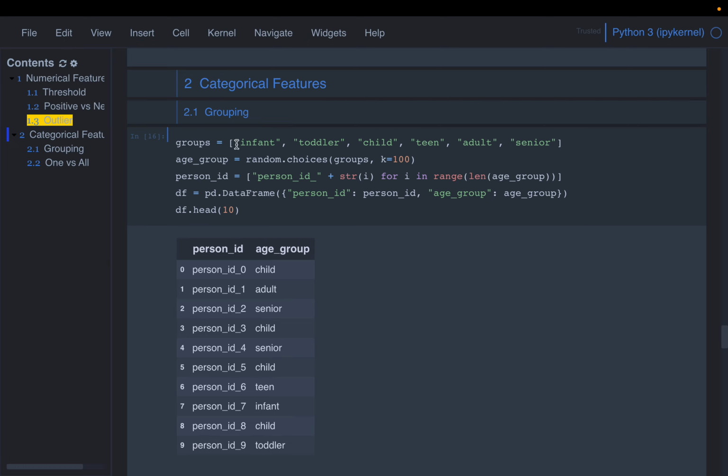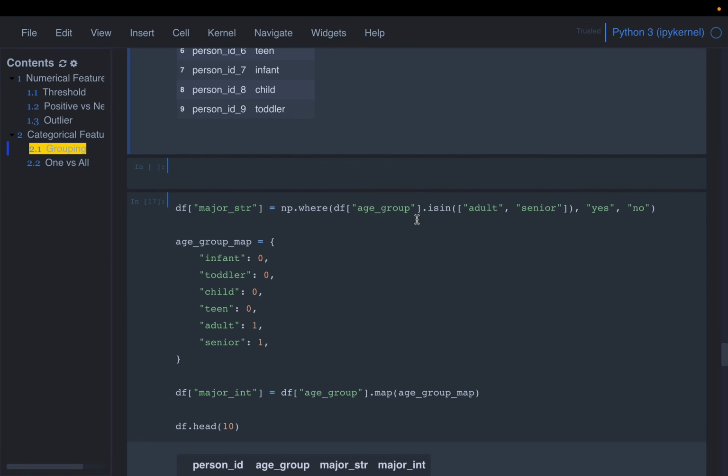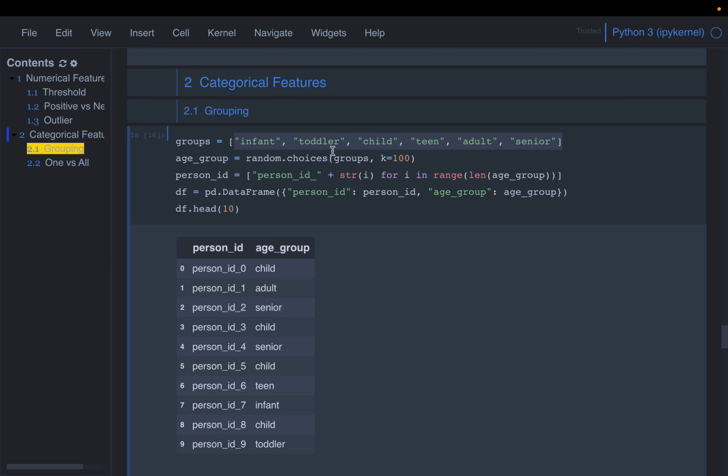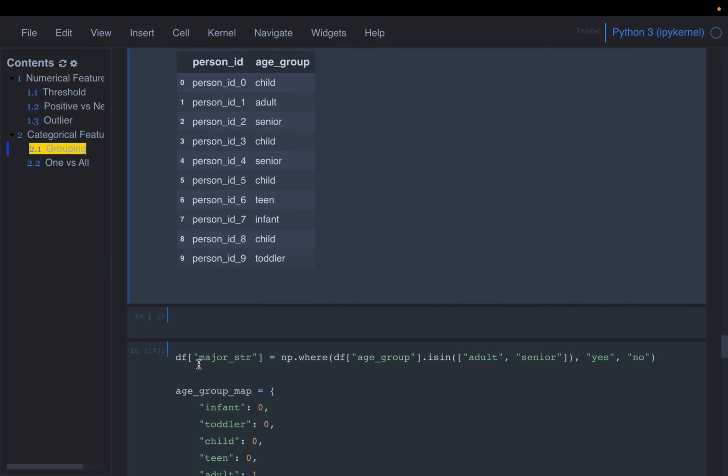Right? So instead of having this many categories, we are using domain expertise, or subject matter expertise, to transform these multiple categories into just two categories. So what we are doing here is transforming this variable to have only two values: is the person a major or a minor?